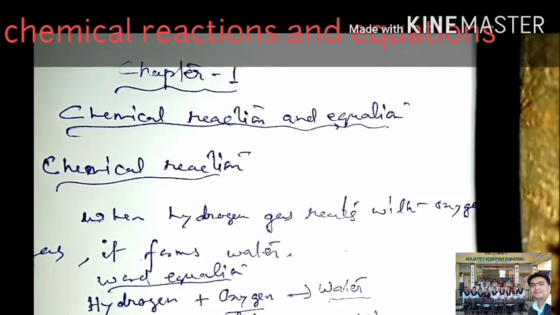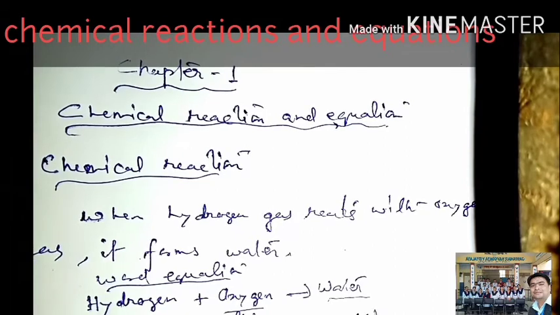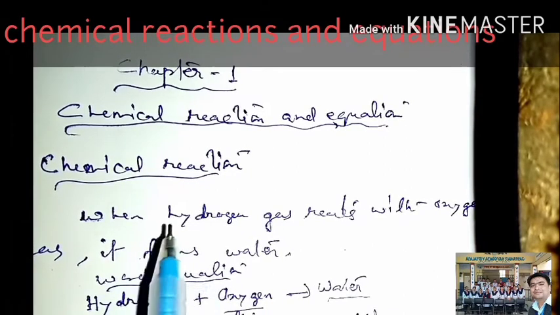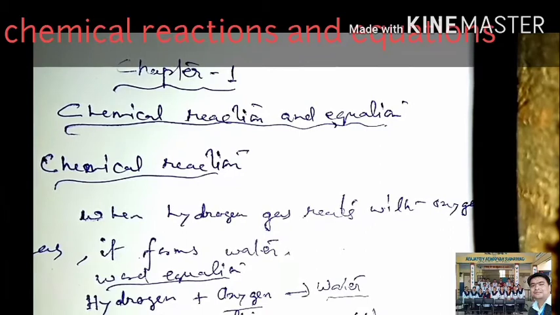That's why it is called the trial and error method. Trial and error, and finally you will get the balanced chemical equation. So students, this is all about what is called the chemical reaction, the word equation, and the chemical equation. But one thing is there: some equations are called skeletal equations.